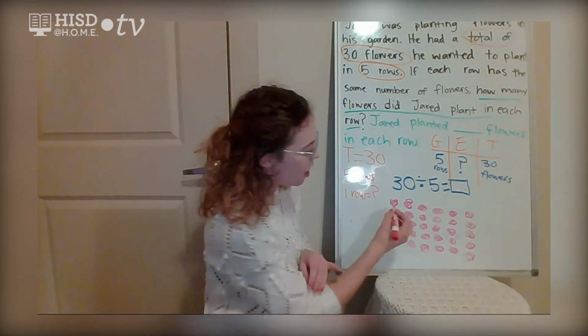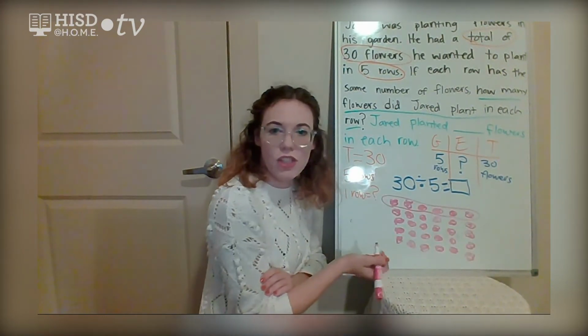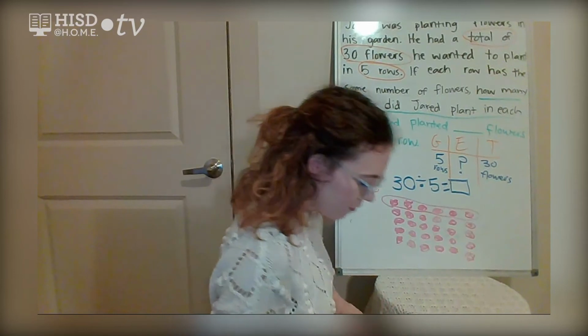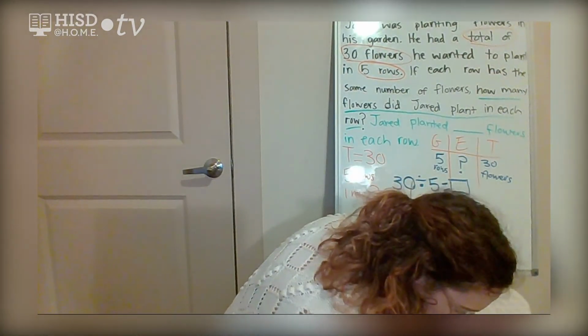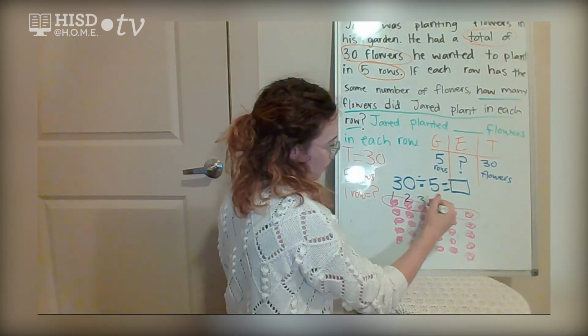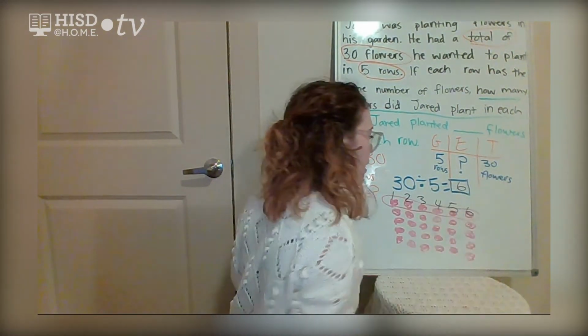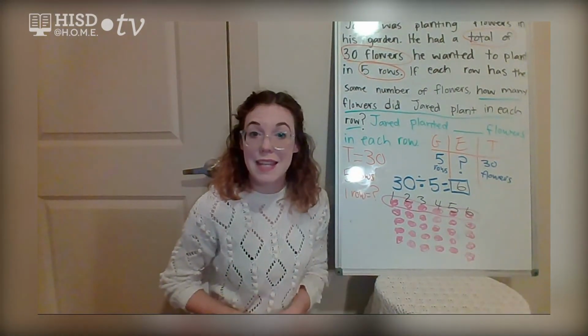Anyways, let's take this top row of flowers to see how many flowers are in each of these rows. I have 1, 2, 3, 4, 5, 6. It looks like 30 divided by 5 is 6.